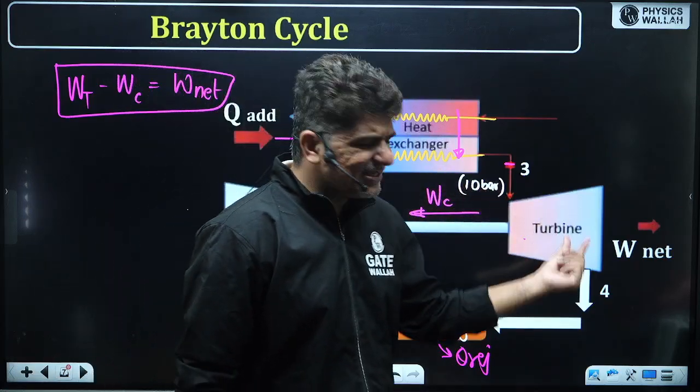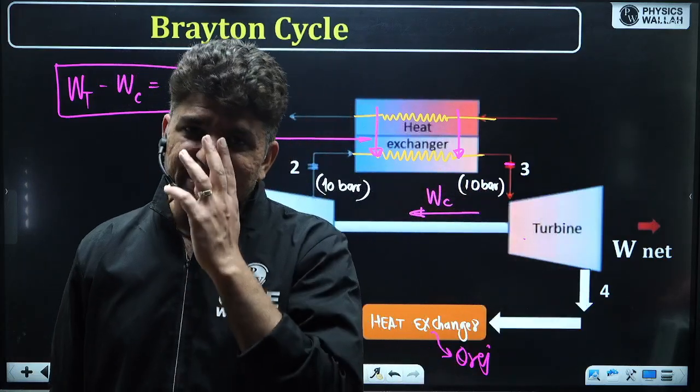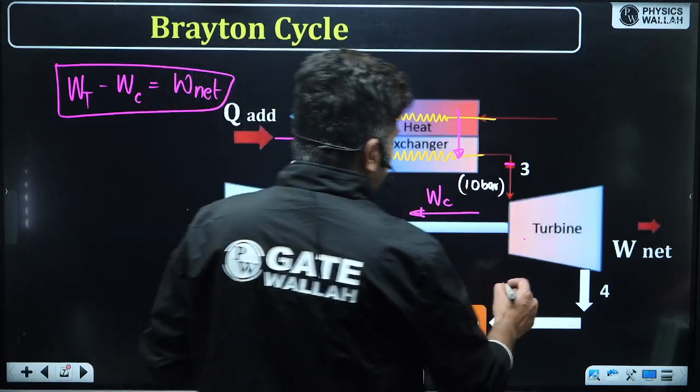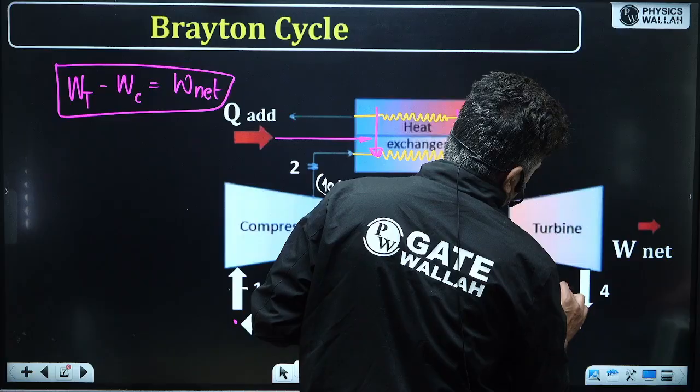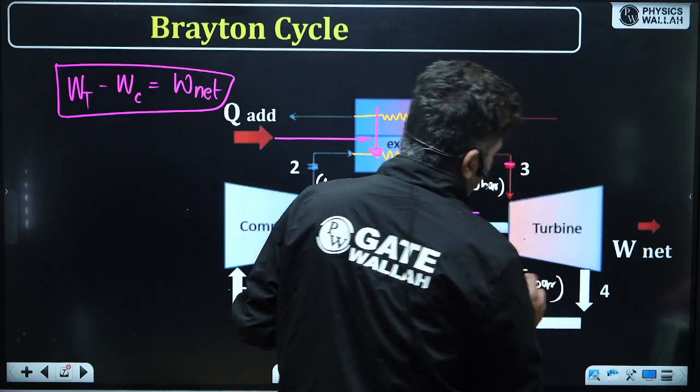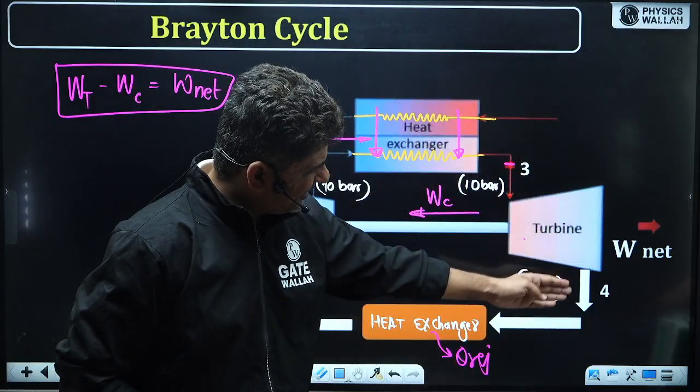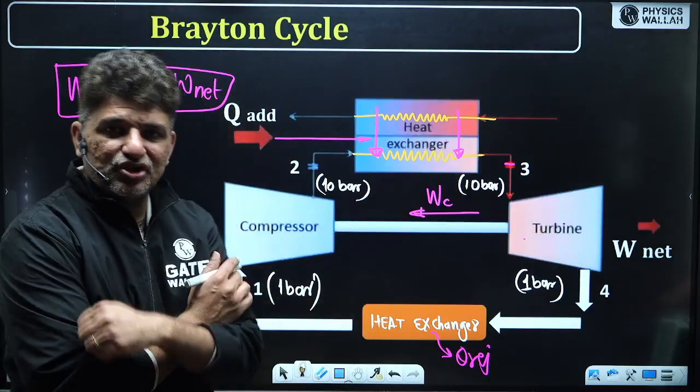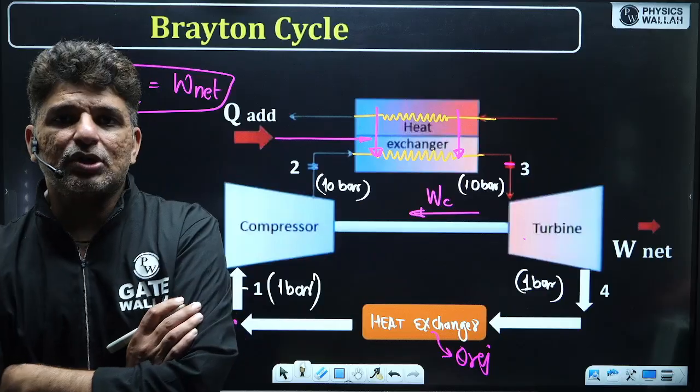Now these gases go inside the turbine and expand over there, and let's say the pressure is again reduced to 1 bar. And now these 1 bar exhaust gases come inside the heat exchanger. Again the process happening is constant pressure.